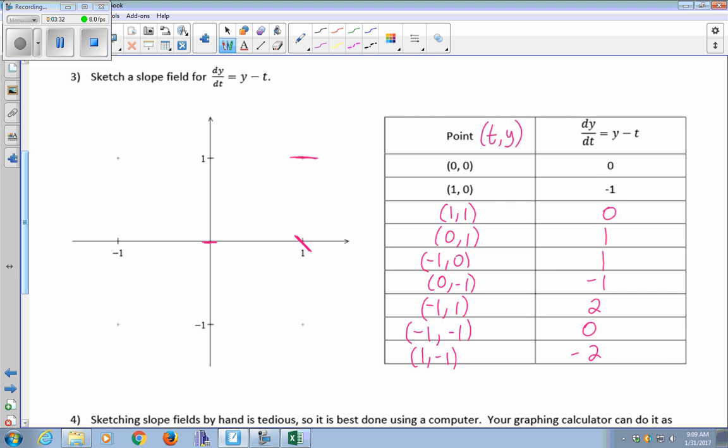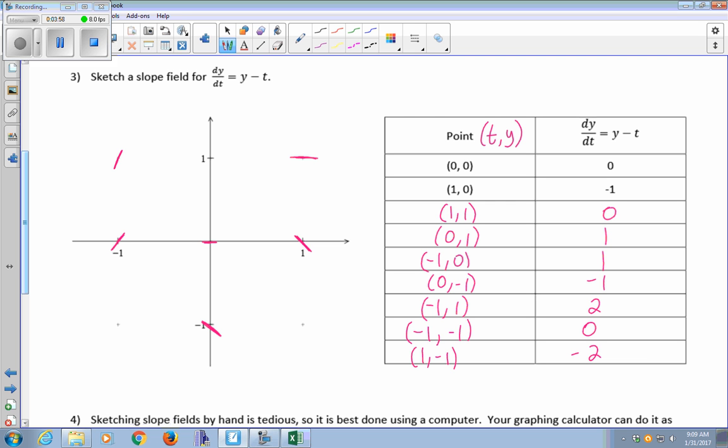Negative 1, 0, my slope is 1. So I draw sort of a line y equals x, but really small. And let's see what else. 0, negative 1. That's here. My slope is negative 1. At negative 1, 1, my slope is 2.